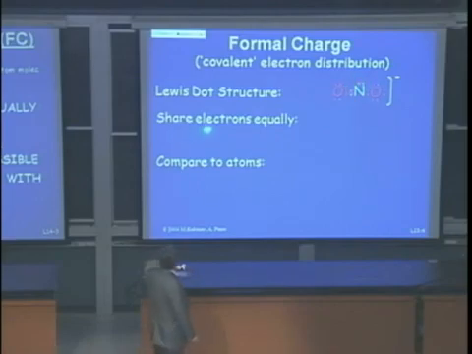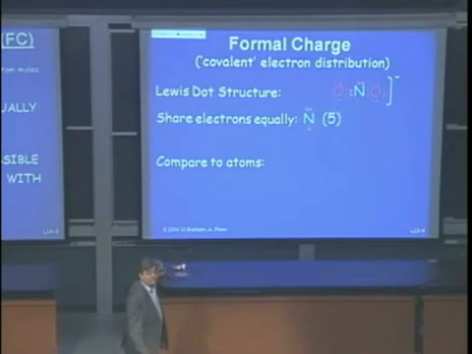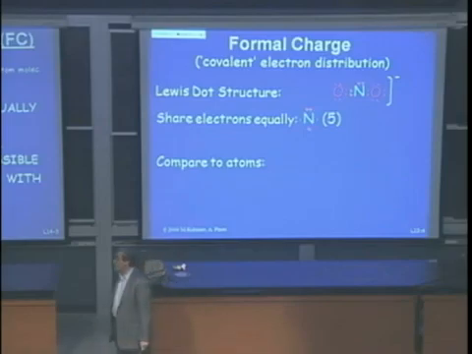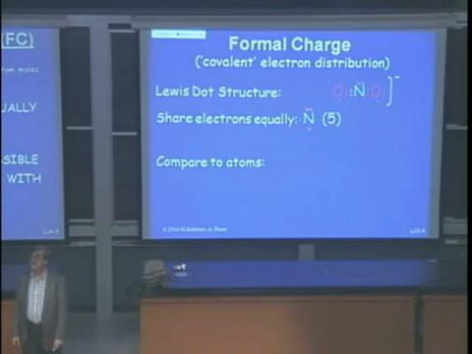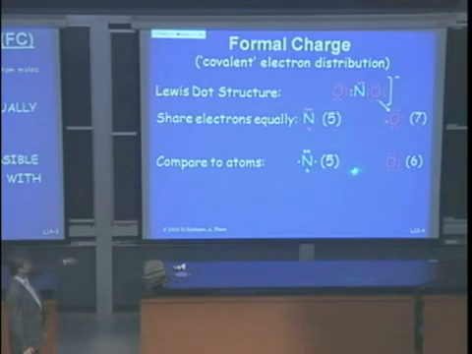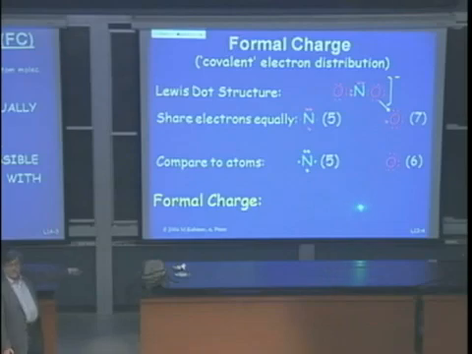So with the shared electrons divided equally, the number for N is 5. And in a regular free nitrogen atom, how many valence electrons do we have? 5. So what would be the formal charge in this case? 0.